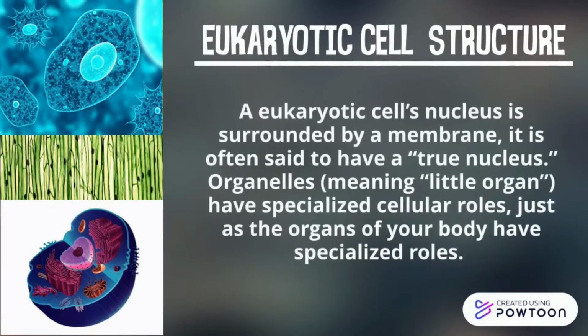Thus, a eukaryotic cell's nucleus is surrounded by a membrane. It is often said to have a true nucleus. Organelles, meaning little organ, have specialized cellular roles, just as the organs of your body have specialized roles.